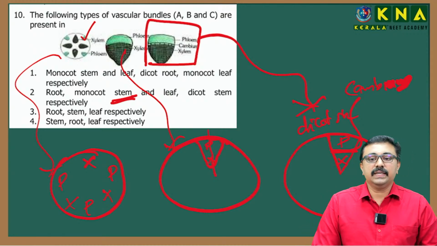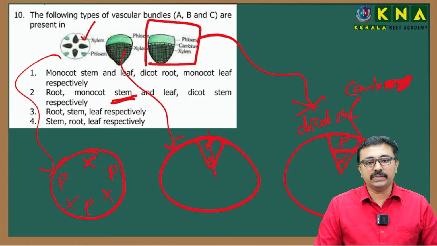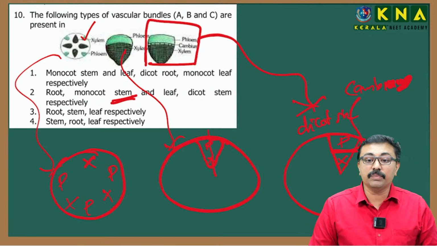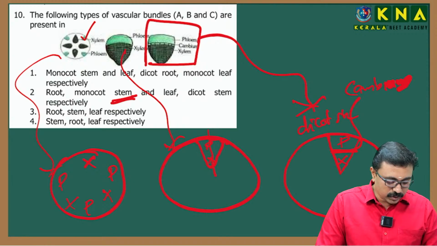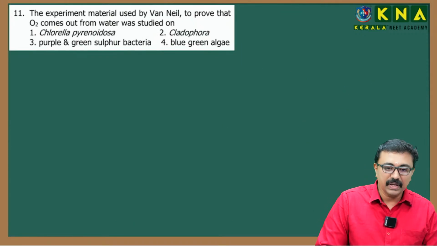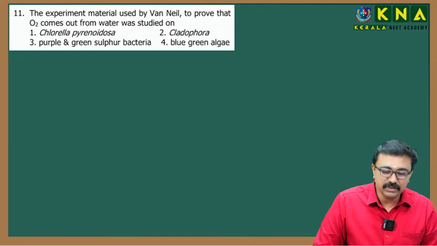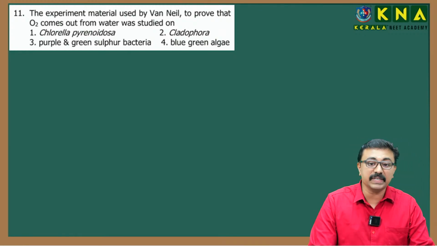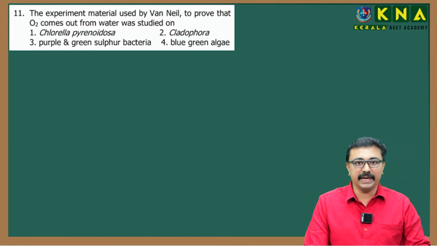So we completed plant growth questions and also the questions from Anatomy of Flowering Plants. Moving on to the next chapter, and the chapter is very important: photosynthesis in higher plants.